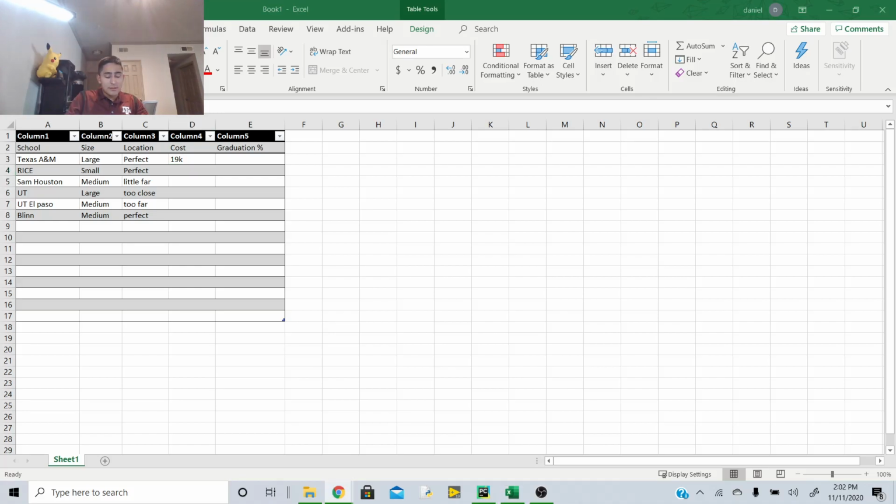And then let's look up price, university cost. This is 21K. Sam Houston cost, 14K.